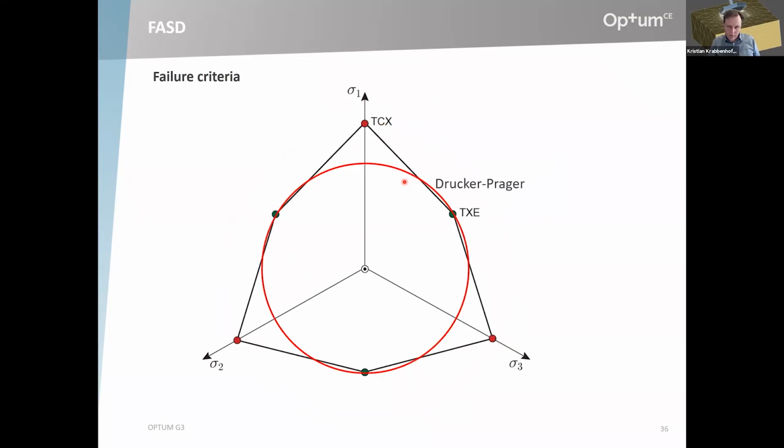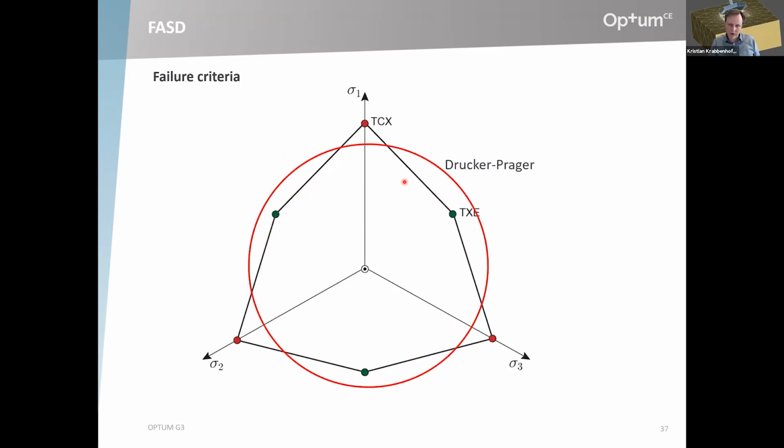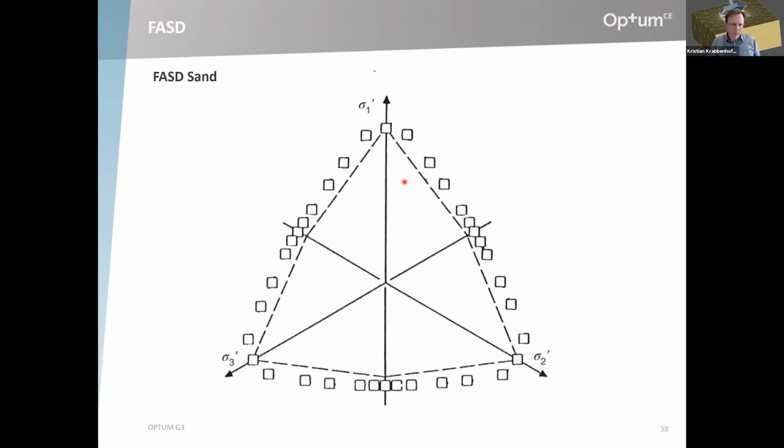It underestimates the strength equally significantly if you do the match in extension, and then you could possibly come up with something in between. I'm not sure that's such a fantastic idea, but the Drucker-Prager criterion is simple, and it is convenient from a computational point of view. So the idea with the FASD Sand was to say, well, we have these data points here.